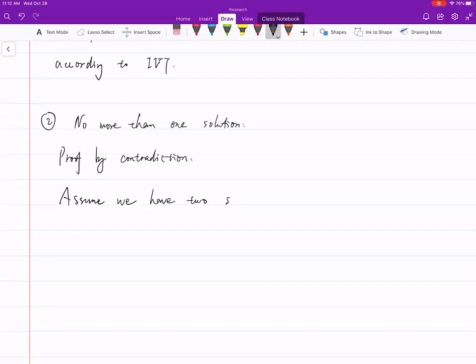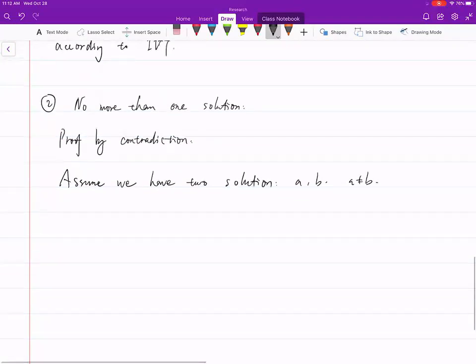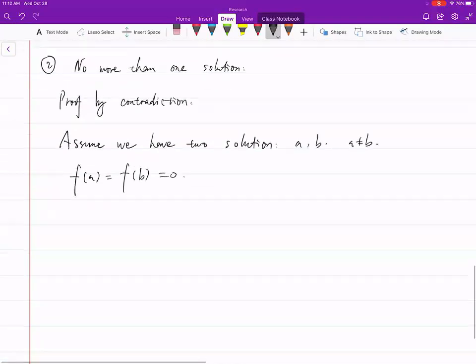That is proof by contradiction. So assume we have 2. We can give them names, a and b. a does not equal b. Moreover, there are 2 roots, so f(a) equals f(b) equals 0. That's what I assumed.